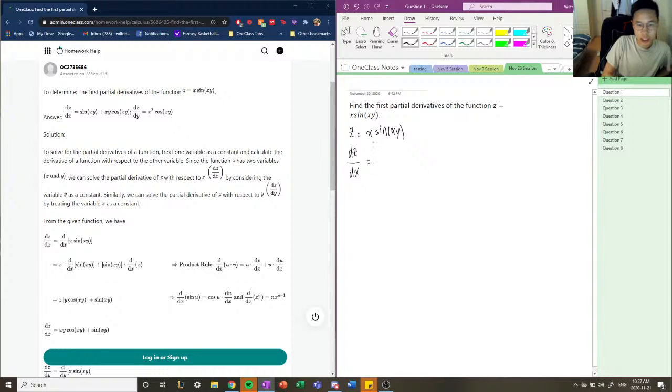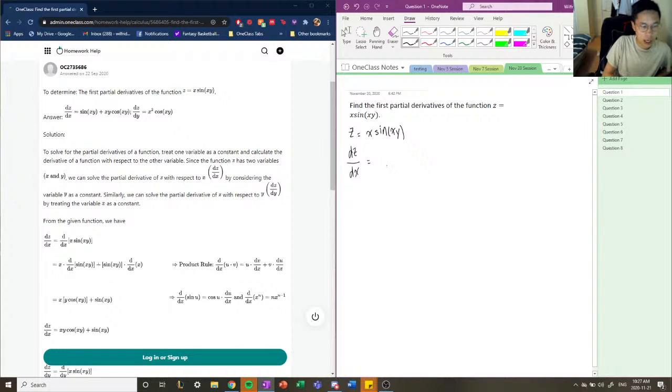Here we have a product rule because we have x times sine of xy. So we're going to derive the first function x and keep the second function the same, and then we're going to do a plus sign, and we're going to derive the second function and leave the first function the same.